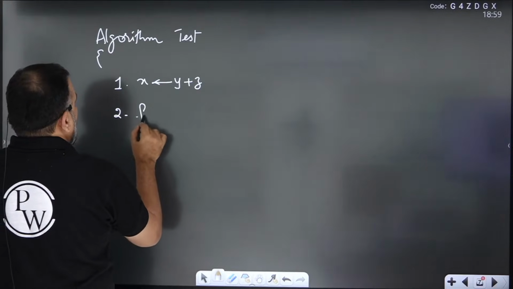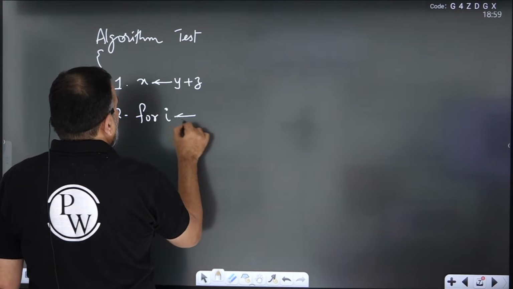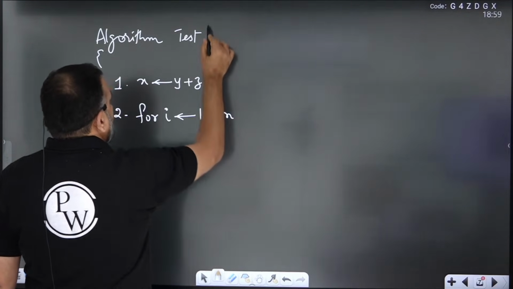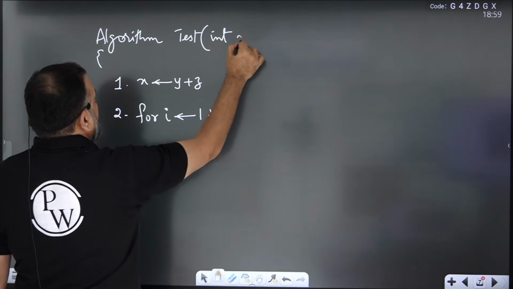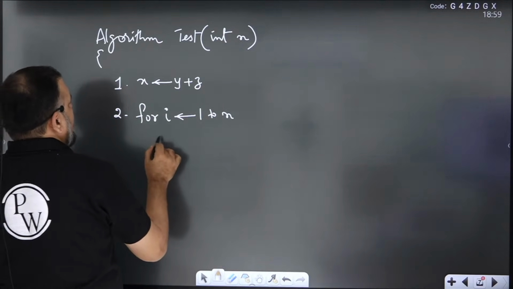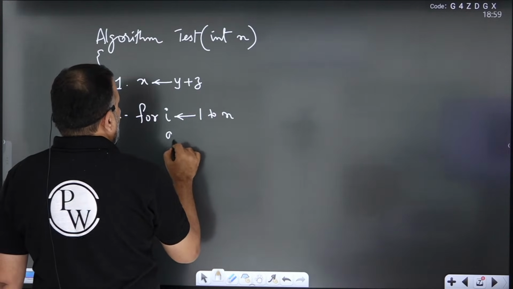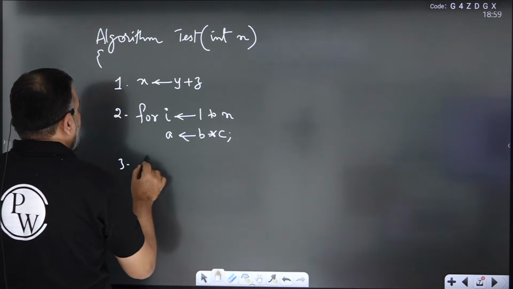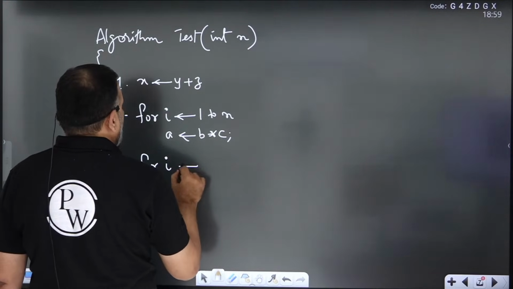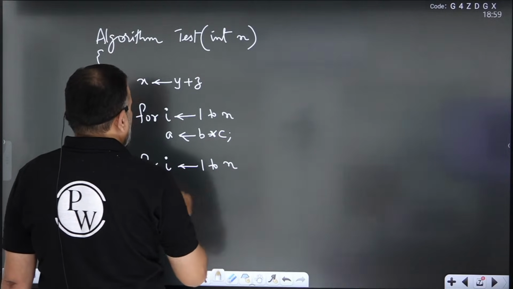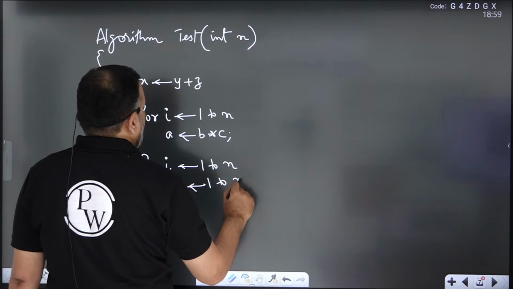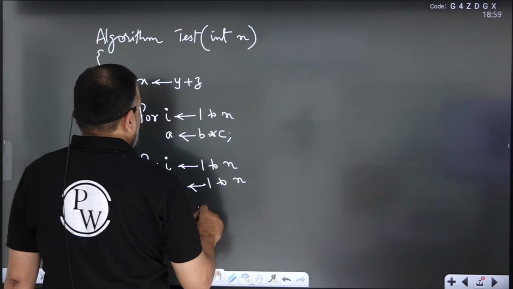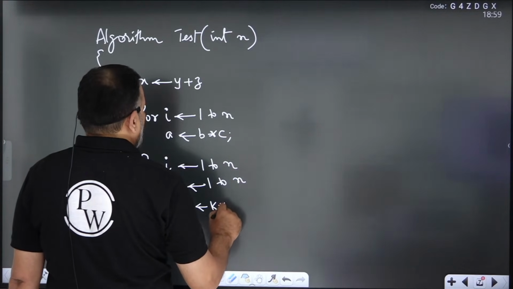Step 2, I write a loop for i is equal to 1 to n, where maybe n is my integer input, let us say, like this. Right? Here I will write like a is equal to b star c, something like this. Third step, I write another loop for i is equal to 1 to n, for j is equal to 1 to n. ठीक है? I write some k is equal to k star 3, something like this.